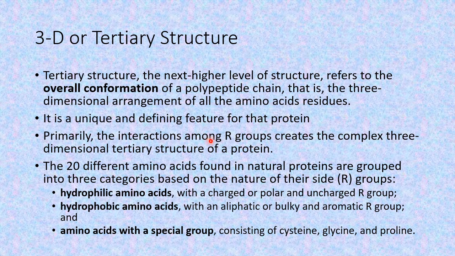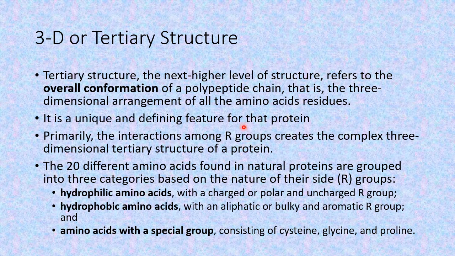So these R groups or the side chains have been broadly categorized into three types, because we know that there are just 20 different amino acids, and this amino acid sequence present in our polypeptide chain has by now acquired either the alpha helical structure or the beta pleated structure, that is the secondary structures.